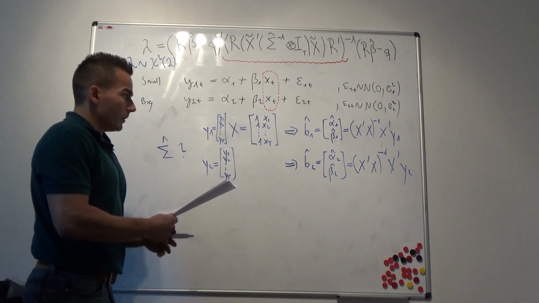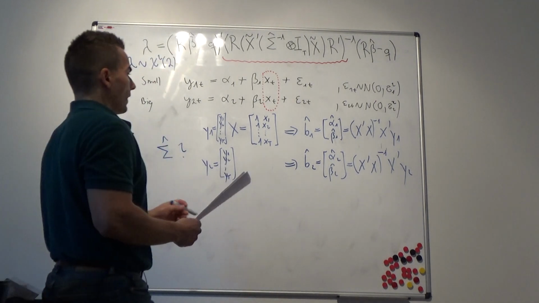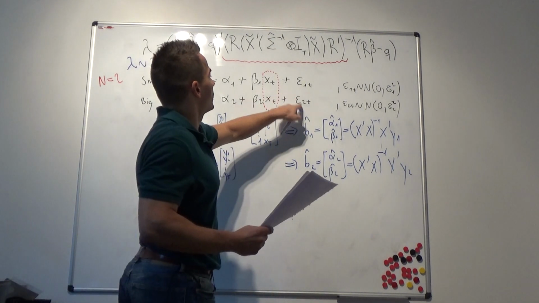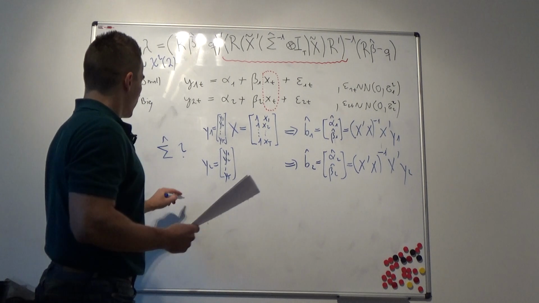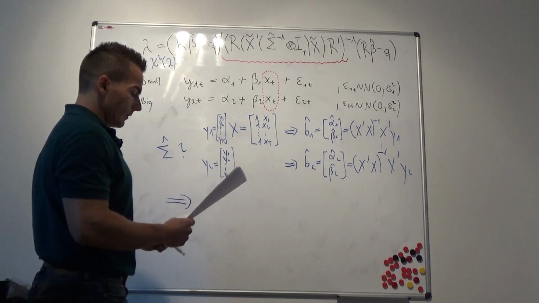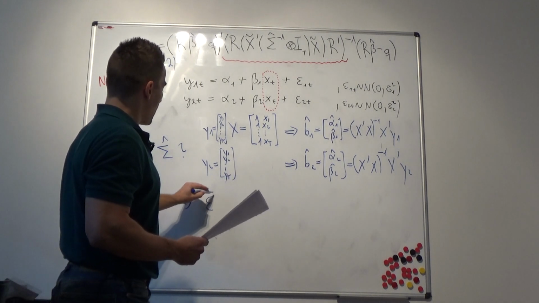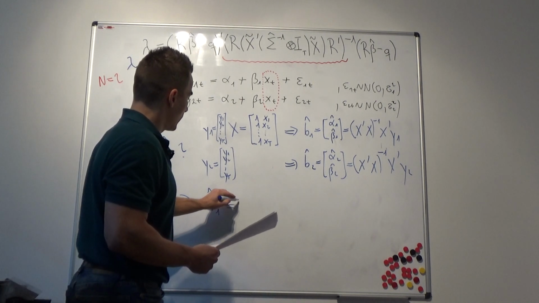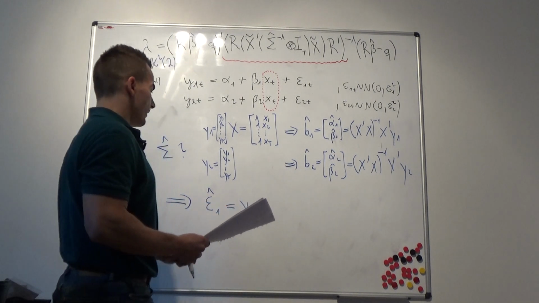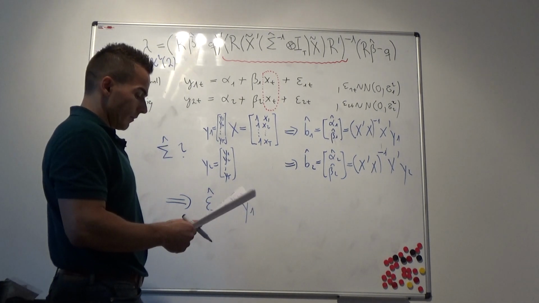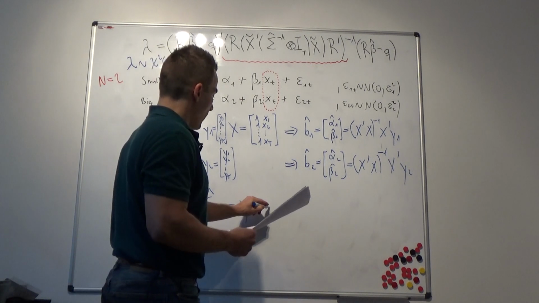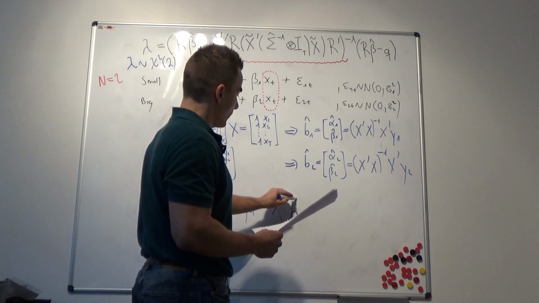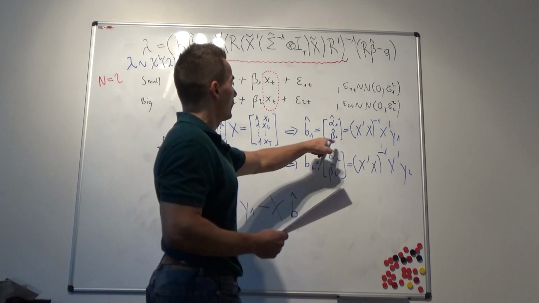Then we know already how to get the residual vectors associated with both equations. Very simple. For the first equation, our epsilon hat 1 vector is defined as the vector of excess returns for the first asset minus X, our regressor matrix, times b hat 1.